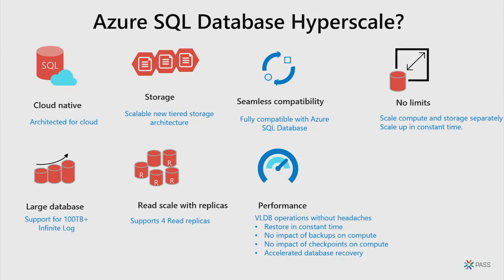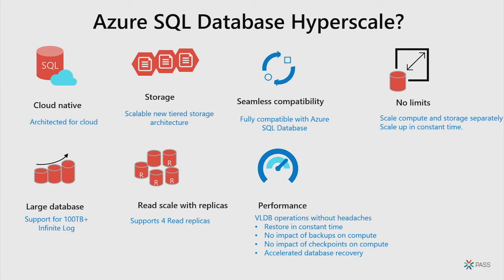And then there are performance benefits of Hyperscale. Some operations are offloaded to this layer called page servers, and we'll look at it in the architecture. Things like checkpoints and backups are no longer done on your compute, so that frees up some resources on the compute to service your workload.